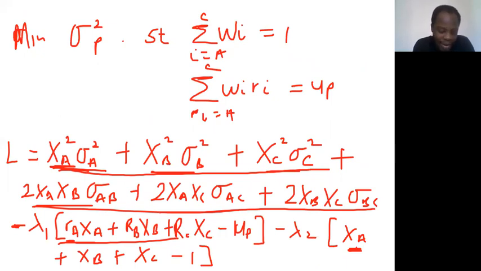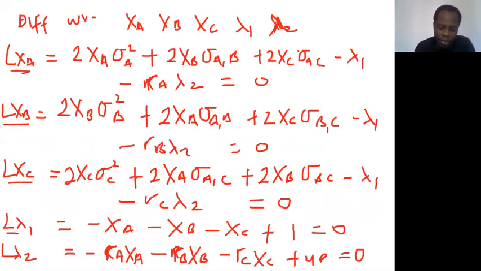Now when you look at the other one, when I differentiate with respect to lambda 1, I'm going to have minus bracket RAxA minus RBxB minus RCxC, okay, minus mu P, right? And when I differentiate with respect to lambda 2, I'm going to have only 1 minus xA minus xB minus xC. And that is exactly what I've also done here, and that is also giving me this one, right?